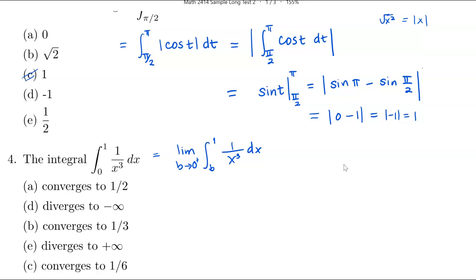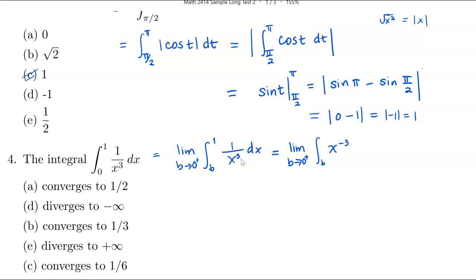And then you're now ready to evaluate this. You will just evaluate this integral as usual. So you will have limit b approaches 0 plus, and then integrate 1 over x cubed. To integrate that, you would have to rewrite this as x to the negative 3.